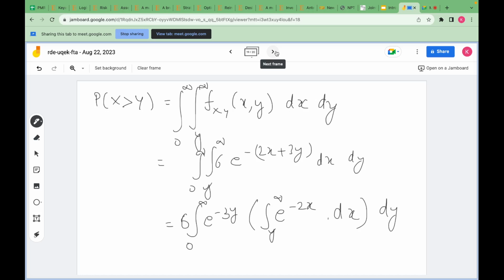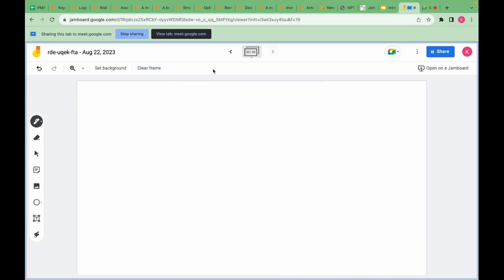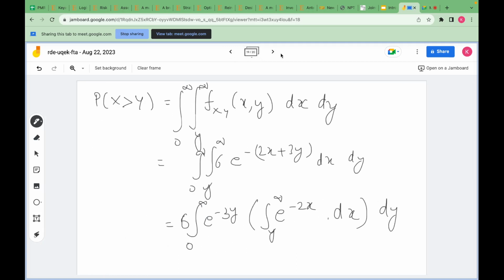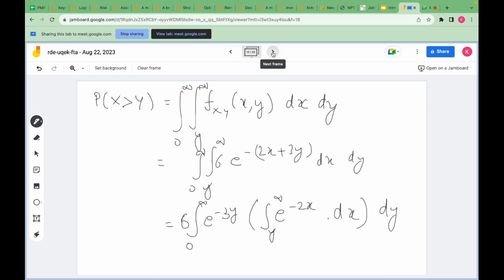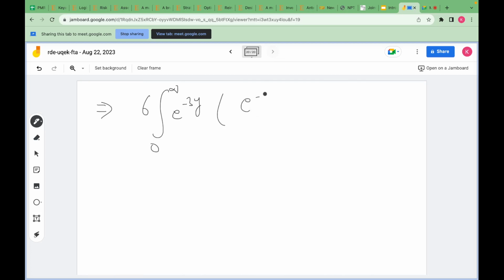I hope this is clear so far. So this is nothing but 6, integral from 0 to infinity, e to the power minus 3y times e to the power minus 2x by minus 2, with x varying from y to infinity, dy.